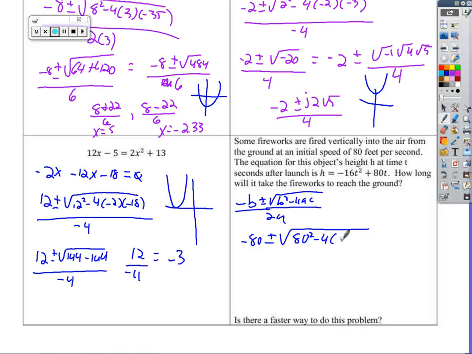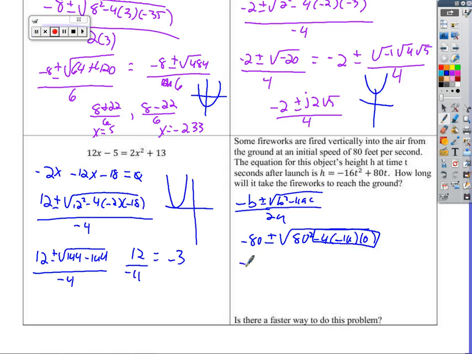times negative 16 times 0. Well, the thing of it is, with c being 0, that's going to knock out this whole portion right here.